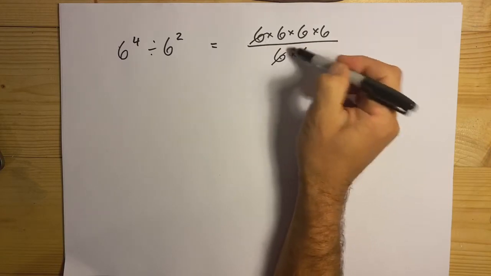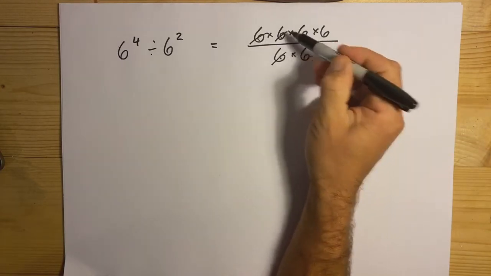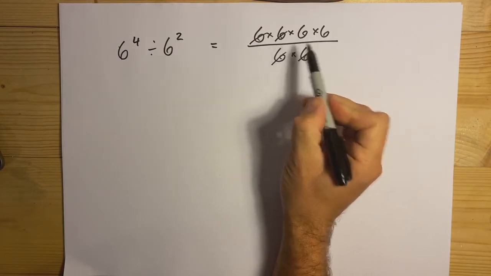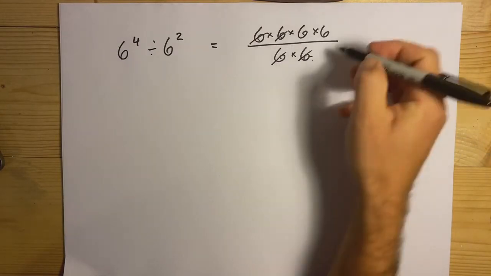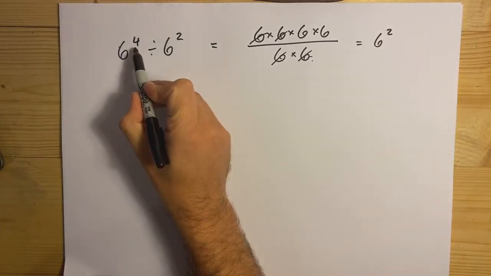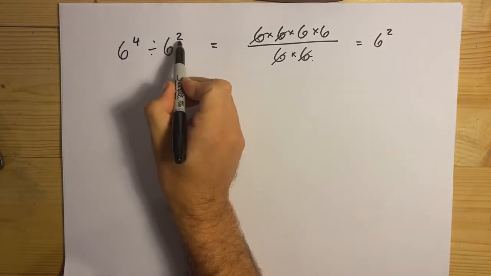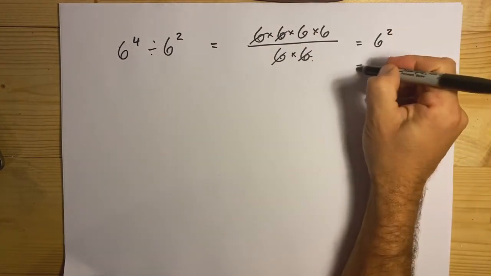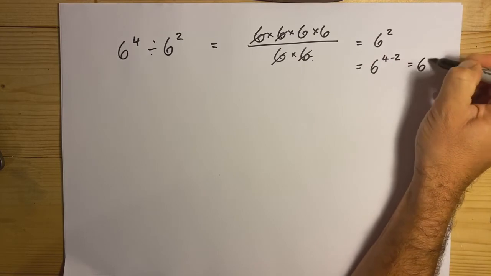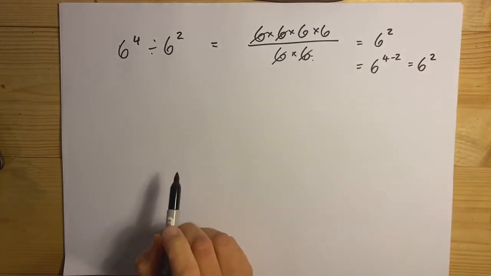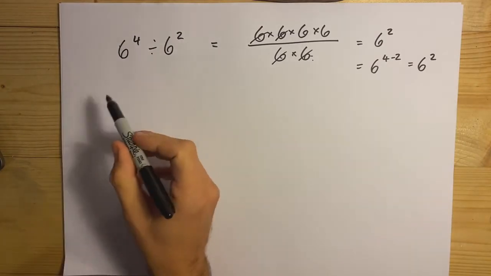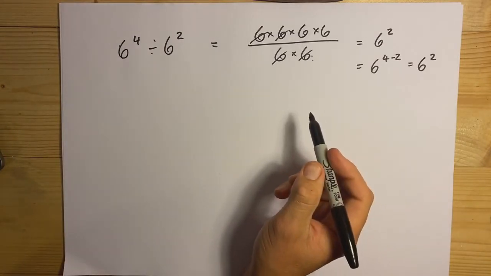So 6 divided by 6 is 1, 6 divided by 6 is 1, so that would just be 1 times 1 times 6 times 6, which is 6 squared. Okay, let's come back here again though, so we can see that 6 to the power 4 divided by 6 to the power 2, that's the same as saying 6 to the power 4 minus 2, 6 squared. Okay, so if we're dealing with division, we subtract the powers. If we're multiplying, we add the powers.